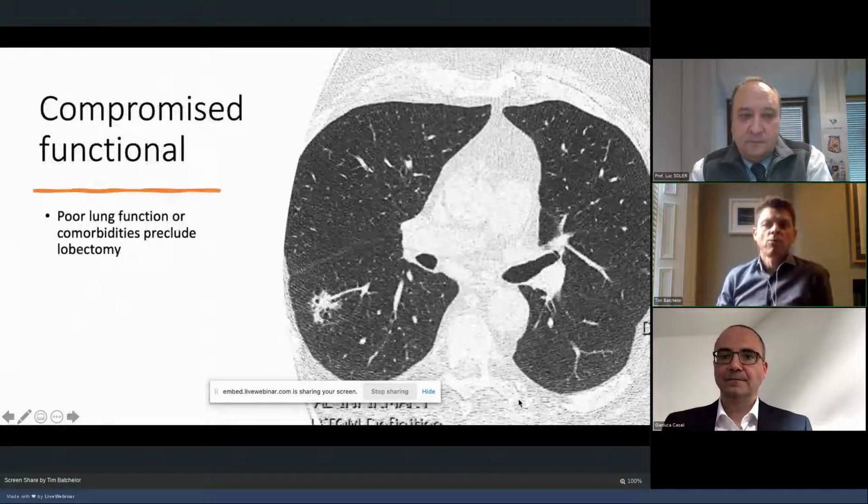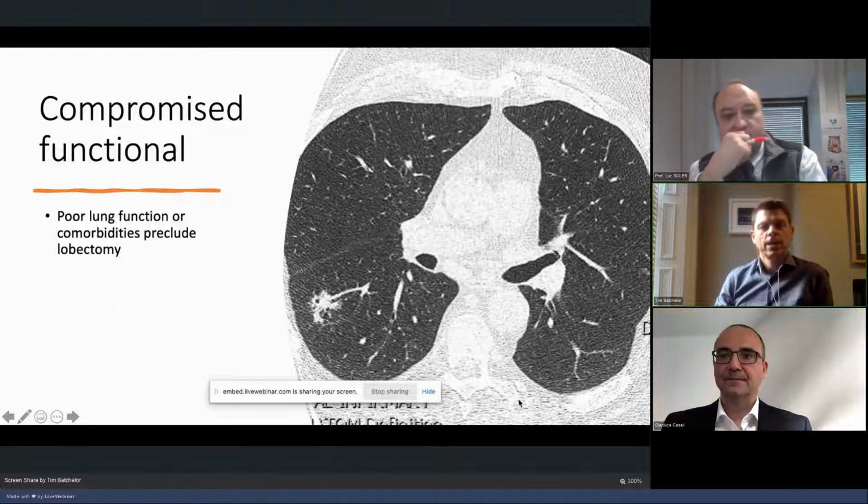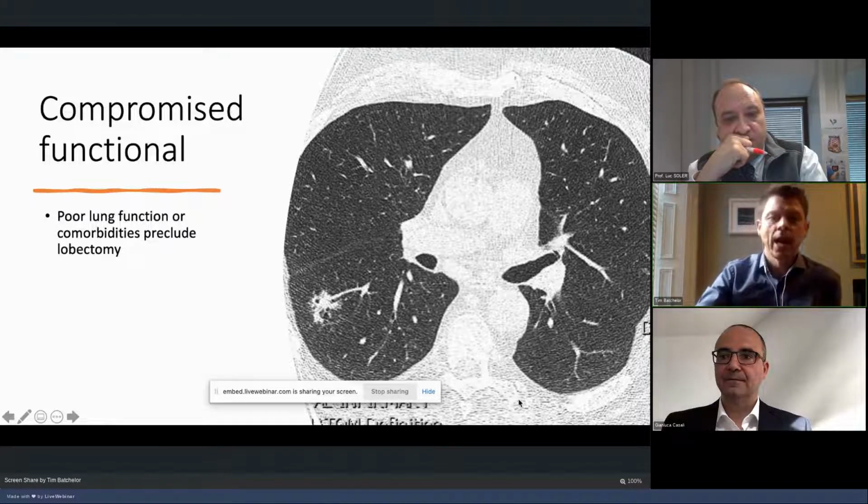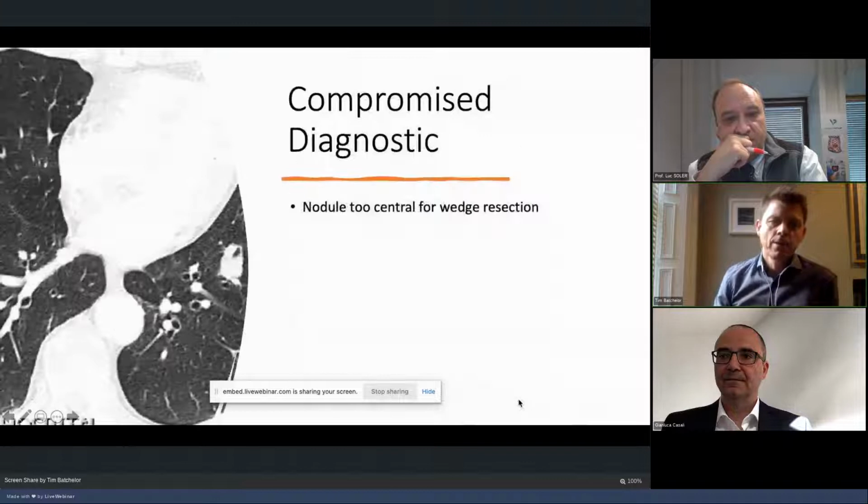So what's a compromised segmentectomy? It can be compromised because of function. This patient here is because of poor lung function, or maybe comorbidities which preclude doing a lobectomy. It could be compromised for diagnostic reasons. In other words, you have a nodule. It might be a lung cancer, but very unlikely.